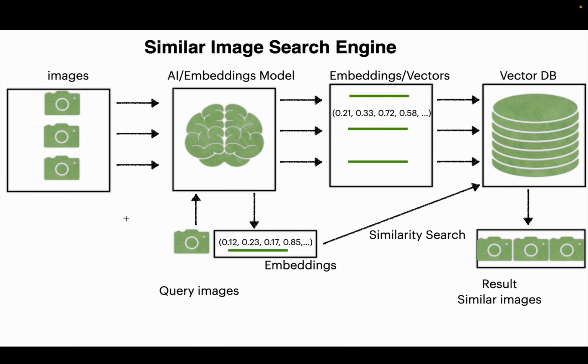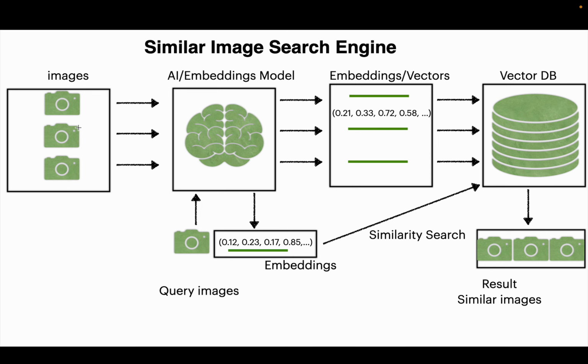For this we are going to use AI embeddings as well as a vector database. So the high level architecture looks like this. We start with these millions of images, and then we use an image embeddings model, which converts each image into a vector of a fixed dimension.